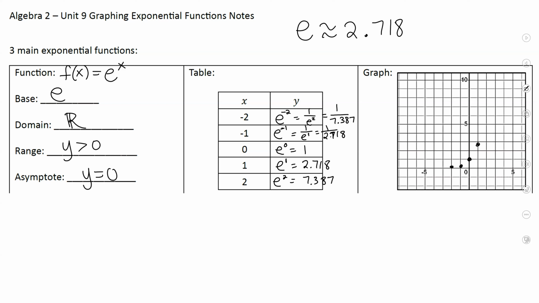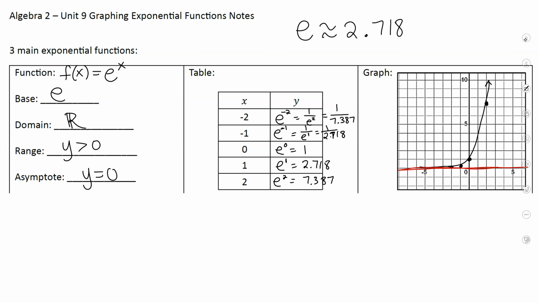And 7.3, that's about right here, between 7 and 8. All right, and then connect your points. That's your graph. They all have the asymptote at y equals 0. Okay, is everyone okay with how we graph these? You just plug in numbers, find the numbers, and plot the points.